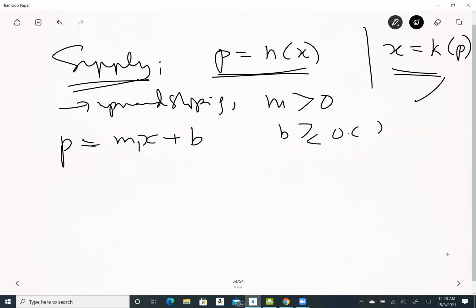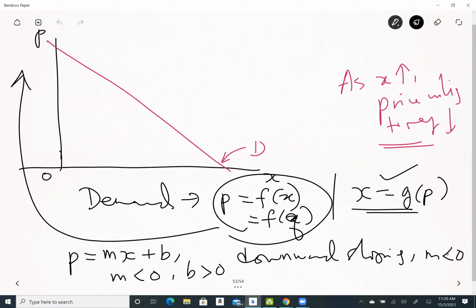Call it M1, B1 for the supply function. So here I have the supply, and earlier I have the demand function.